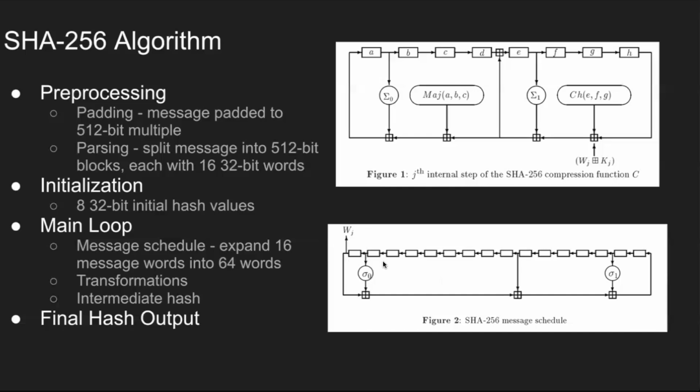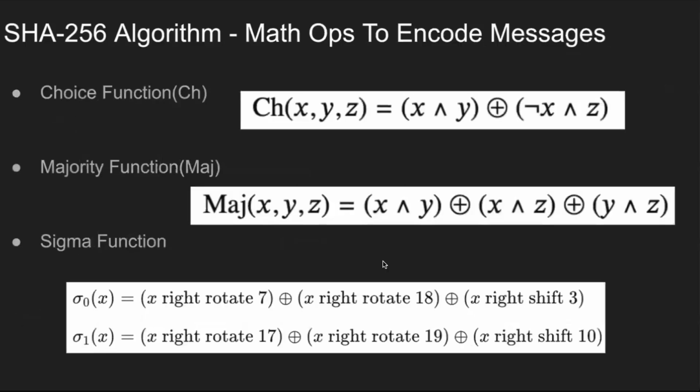And each round involves 3 specific functions: the choice function, the majority function, and the sigma function. These functions include logical operations of bitwise AND, exclusive OR, and negation. The choice function allows the X input to choose if the output is from Y or Z. Essentially, for each bit index, the result bit is the bit from Y or, respectively, from Z at this index, depending on whether the bit from X at this index is 1 or, respectively, 0.